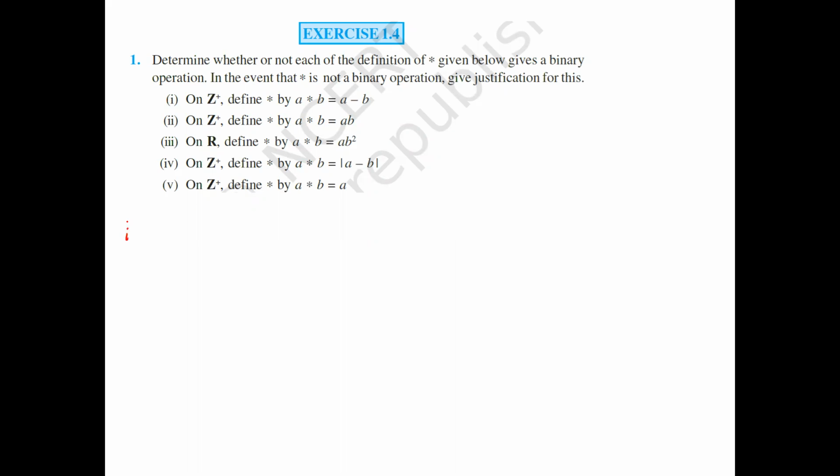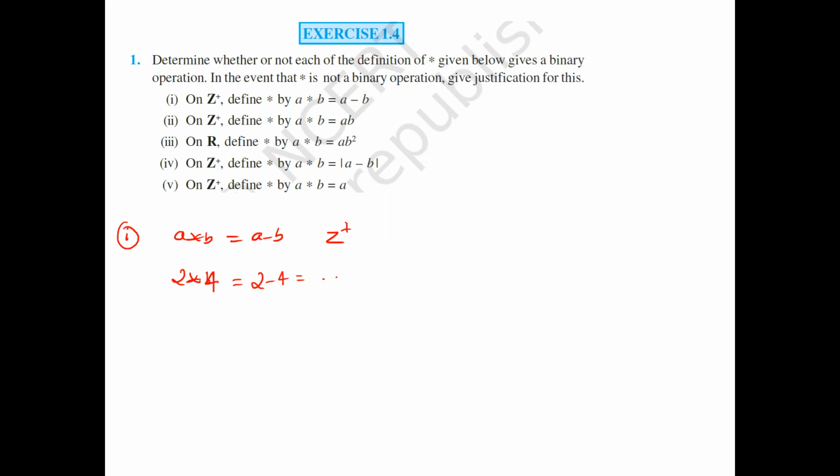First one have to verify whether the given operation is a binary operation or not. A star B equal to A minus B on Z plus. Z plus means what? All the positive integers. Now I'll take the A value as 2 and B as 4.